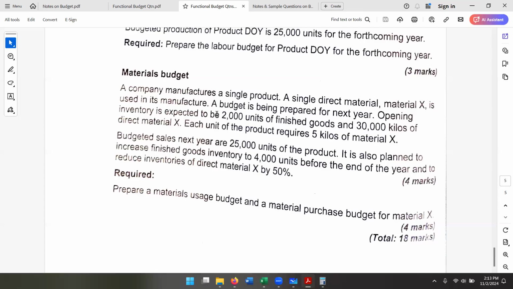Required, prepare a material usage budget and material purchase budget for material X. All right, so this is a question we want to look at.